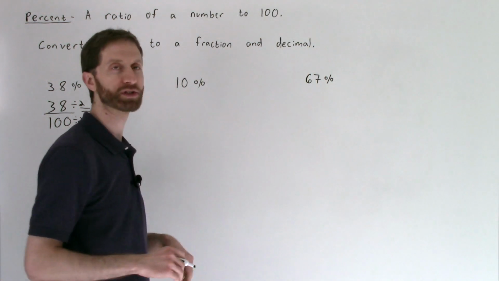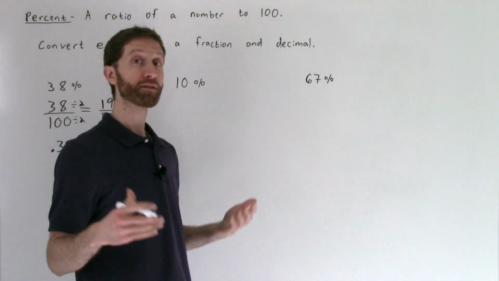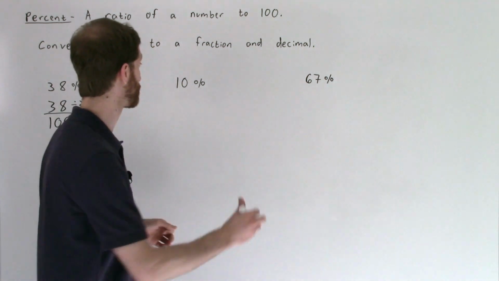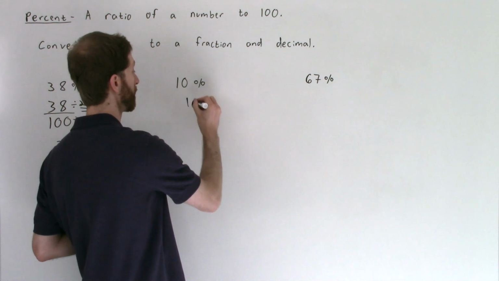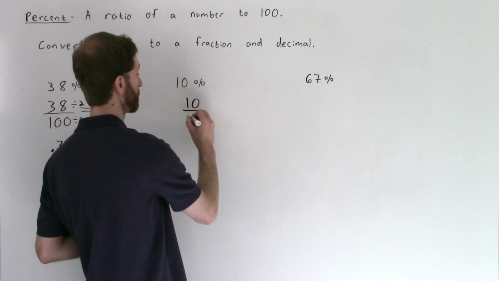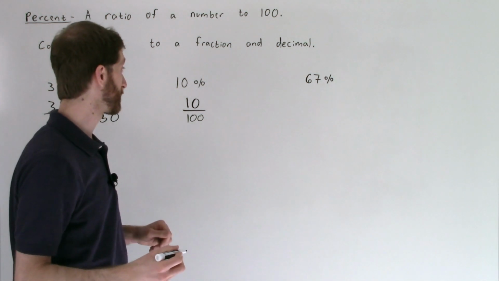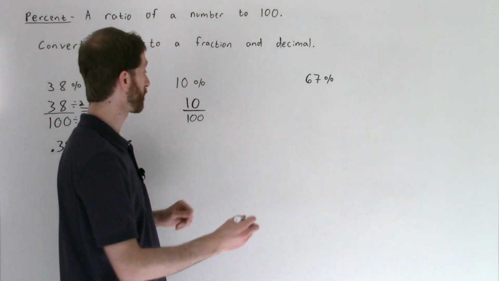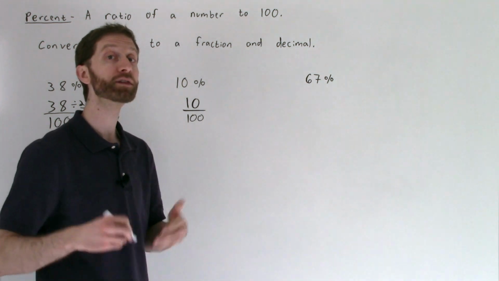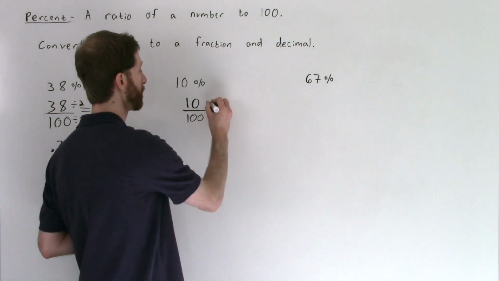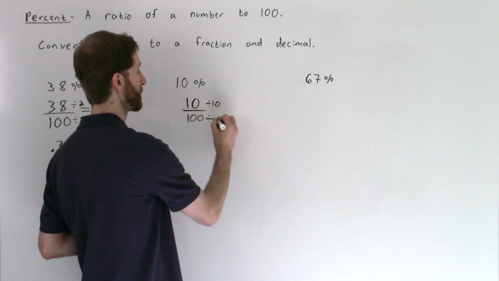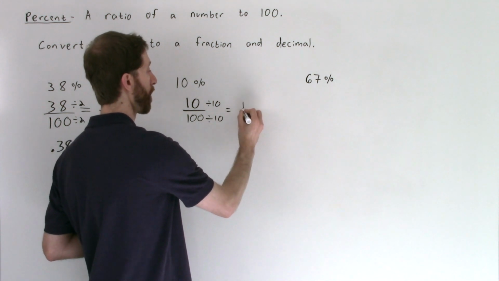We've got 10%. Let's convert that into a fraction. Well, 10% is really 10 for each 100, or 10 per 100. And that's it. As a fraction, we can reduce that though. 10 out of 100 shares a GCF of 10. So I'm going to divide both the numerator and denominator by 10, and we will get 1 out of 10.